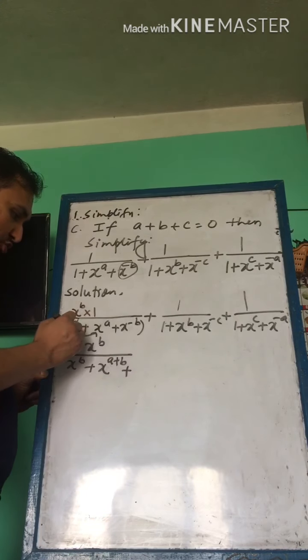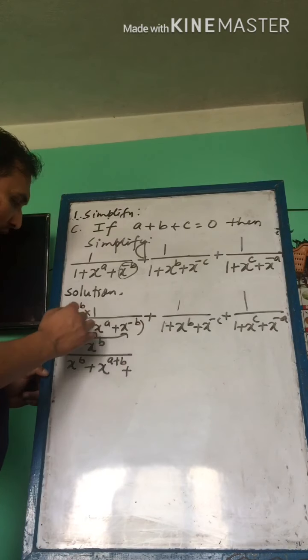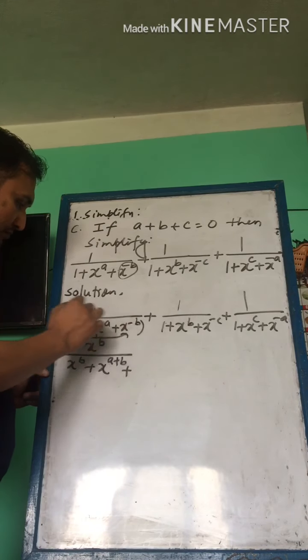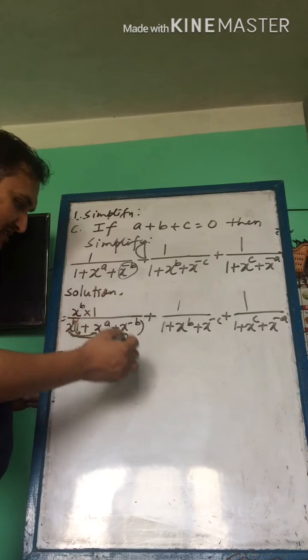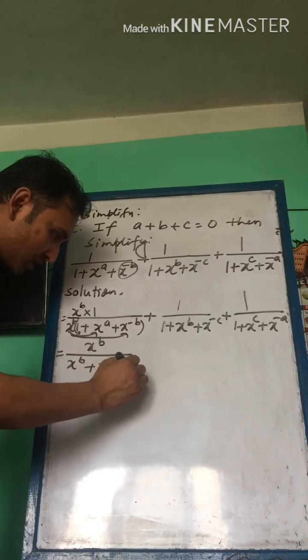Plus x to the power b into x to the power minus b: again the same base in product form, so add the powers. b minus b cancels, giving x to the power 0, which equals 1. Let me write it directly. I think you will understand this.